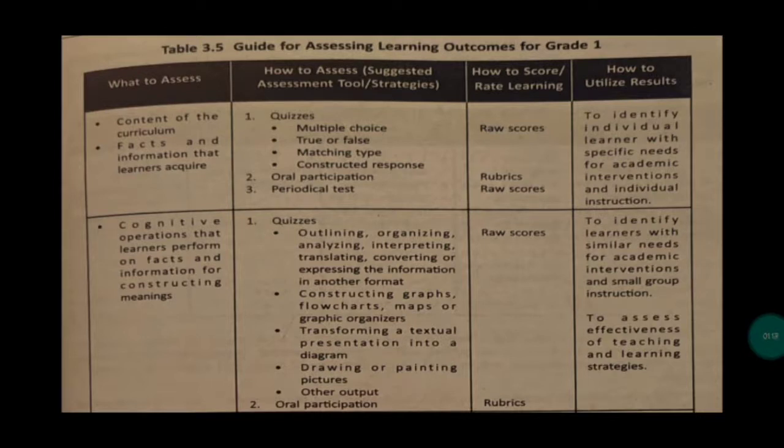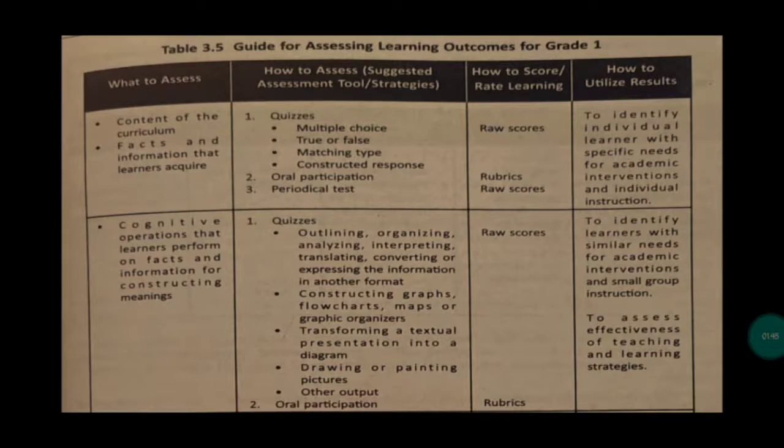Cognitive operations that learners perform on facts and information for constructing meanings. How to assess: quizzes, outlining, organizing, analyzing, interpreting, translating, converting, or expressing the information in other formats. Constructing graphs, flowcharts, maps, or graphic organizers. Transforming a textual presentation into a diagram.